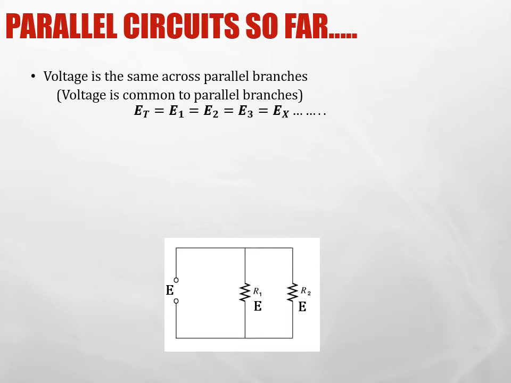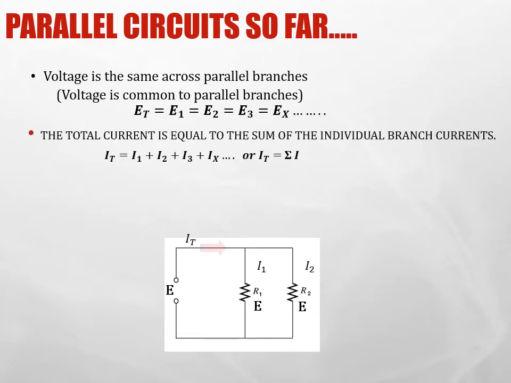When we apply a voltage to a resistance, current starts to flow. And in a parallel circuit, each branch will draw the current determined by the resistance. The source current, or the total circuit current, IT, will equal the sum of the individual branch currents.